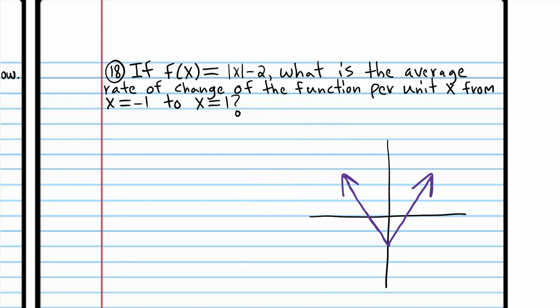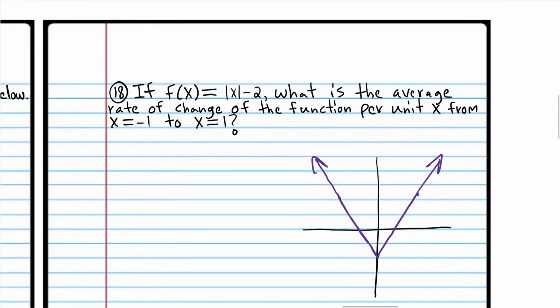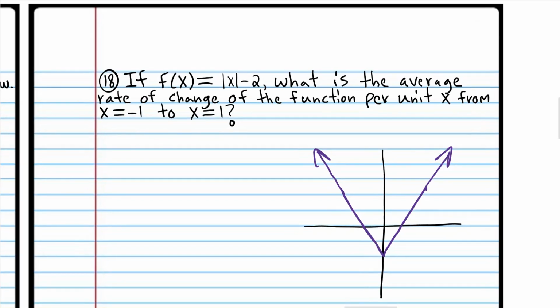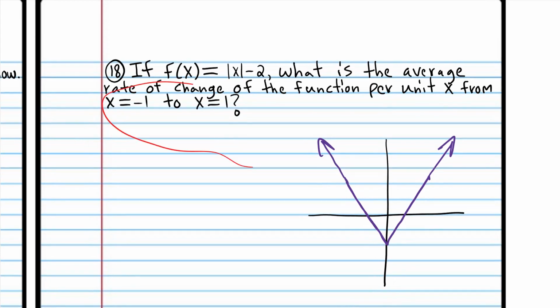Technically I have to keep these arrows going up so I can fill up the window. But again, it's not required that you graph this. We're just graphing so you can see what's happening. So the average rate of change is the slope of the line going through the 2 points on this graph that we're considering.